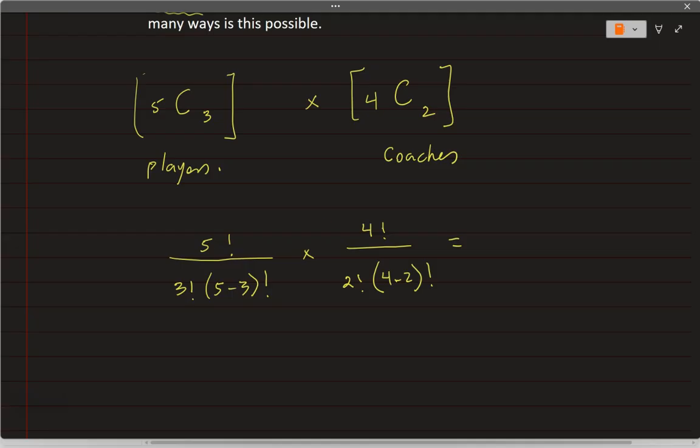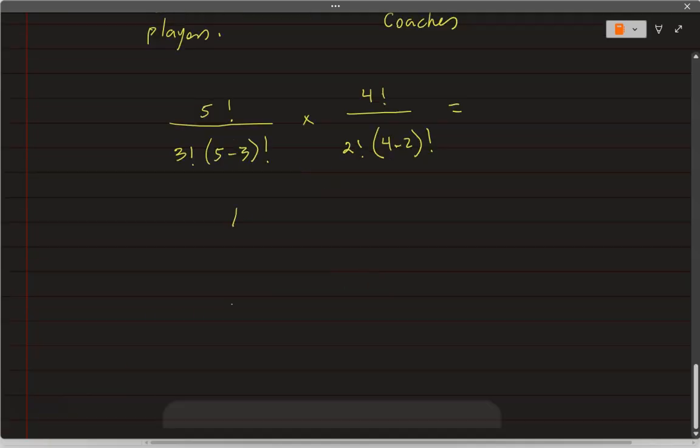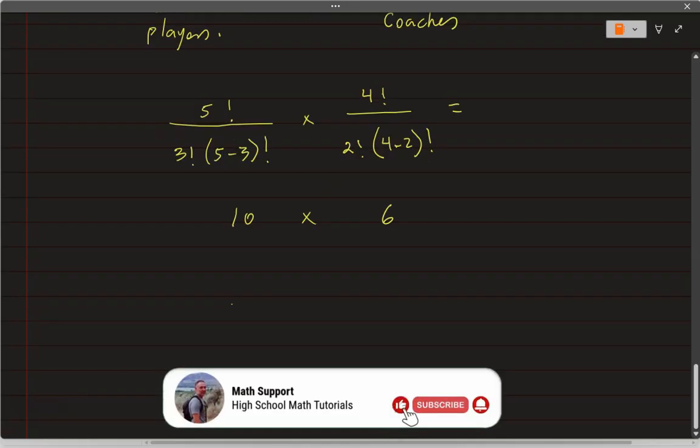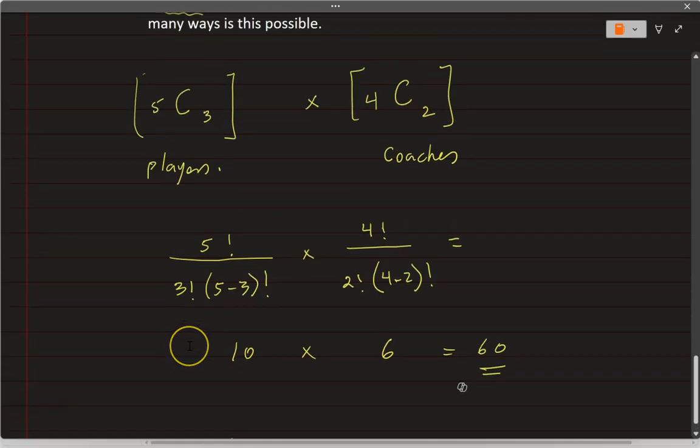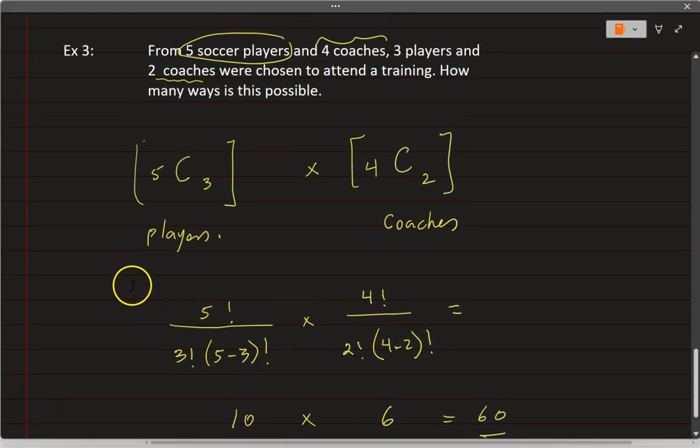Then you take out your calculator and find the answer. You get 10 times 6, and that would be 60 possible ways that you can send 3 players and 2 coaches to that training session.